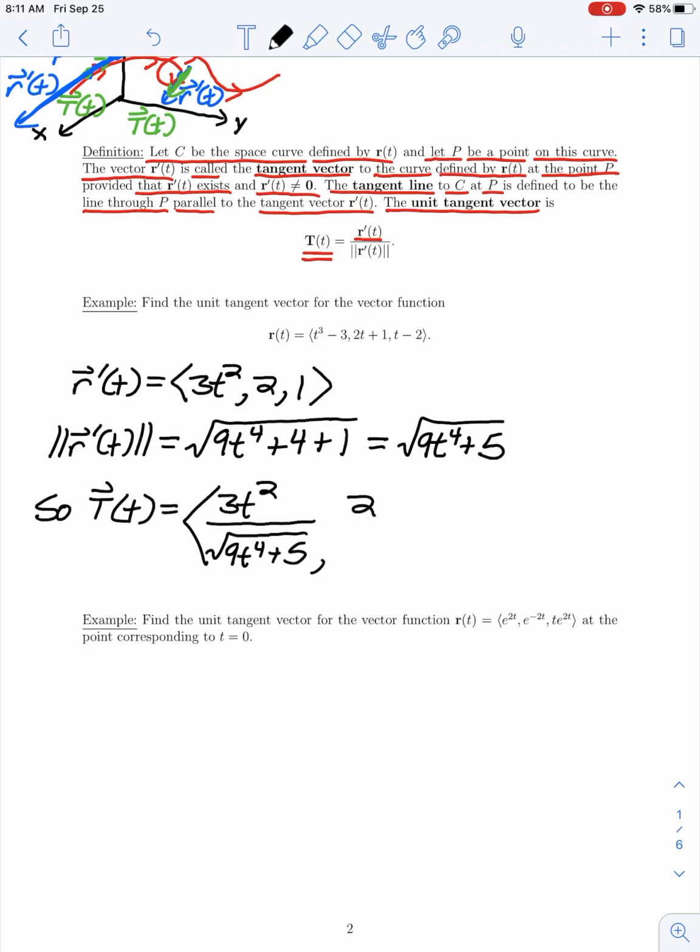Our second component would be 2 divided by the square root of 9t to the 4th plus 5. And our third component is 1 over the square root of 9t to the 4th plus 5.